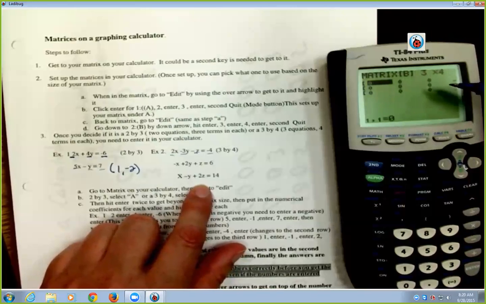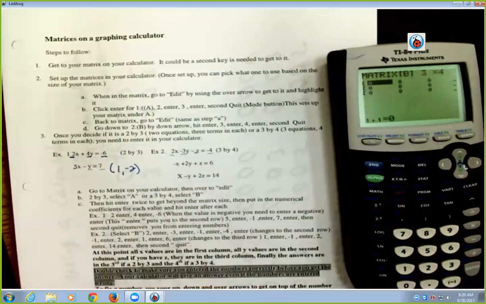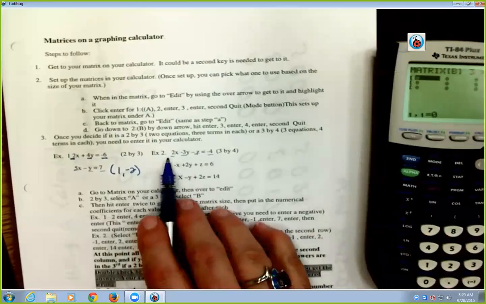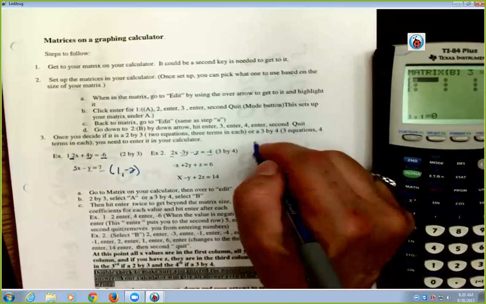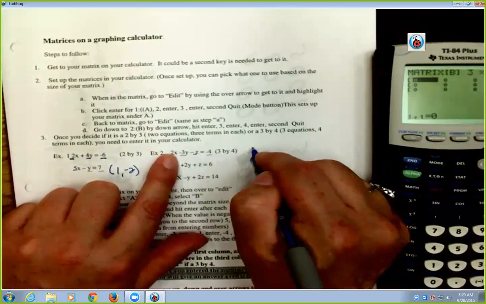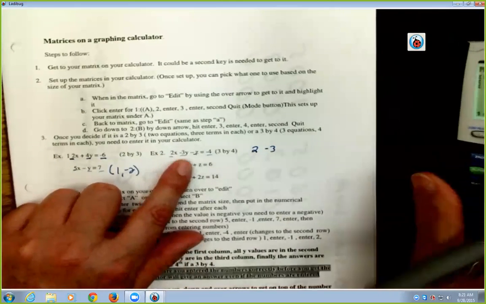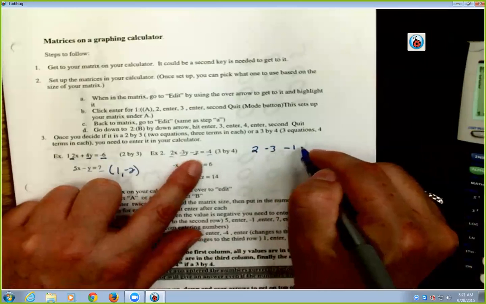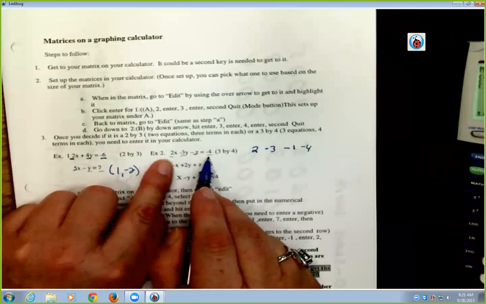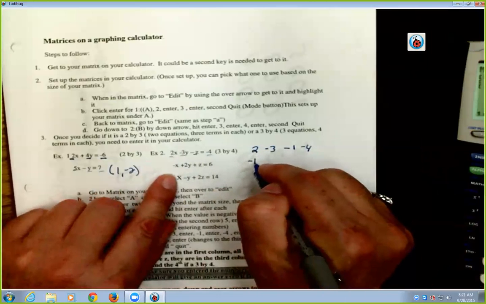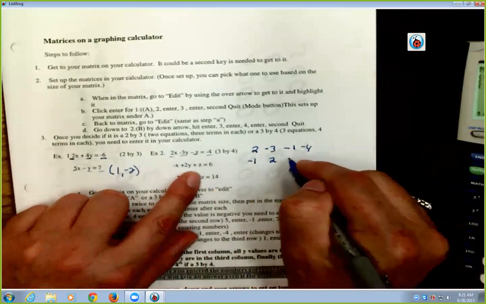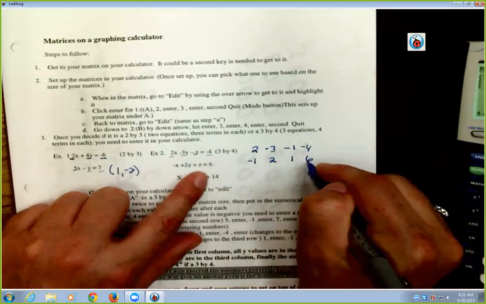Now if I hit enter, it's going to move me across the 3 by 4, and get me to where I can enter my stuff. Augmented means I'm only looking at the numerical part in here. If I augmented this, I would need to enter a 2, a negative 3, a negative 1, a negative 4. The next row would be a negative 1, a 2, a 1, and a 6.